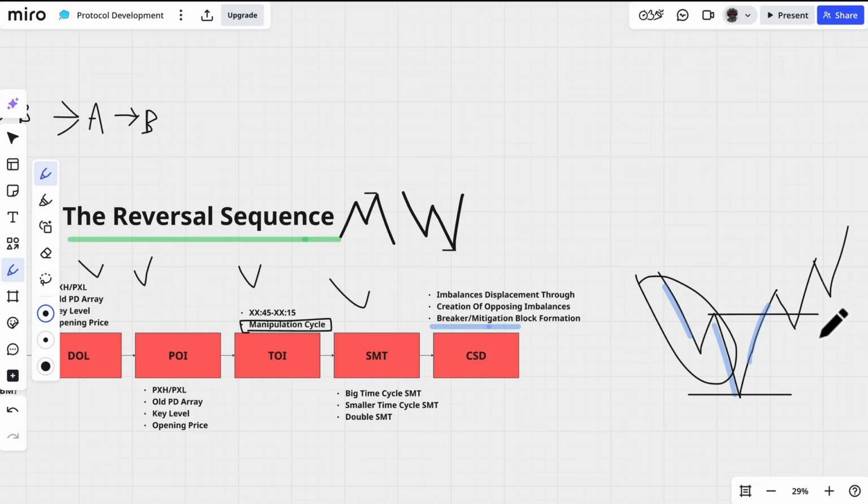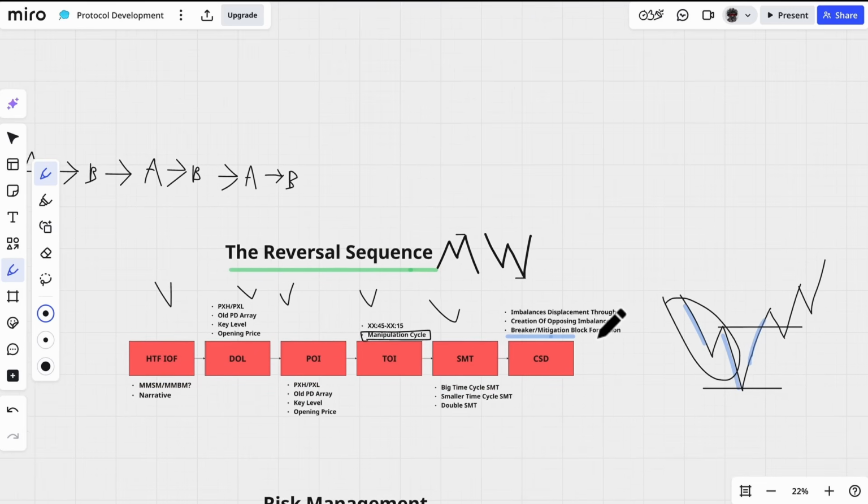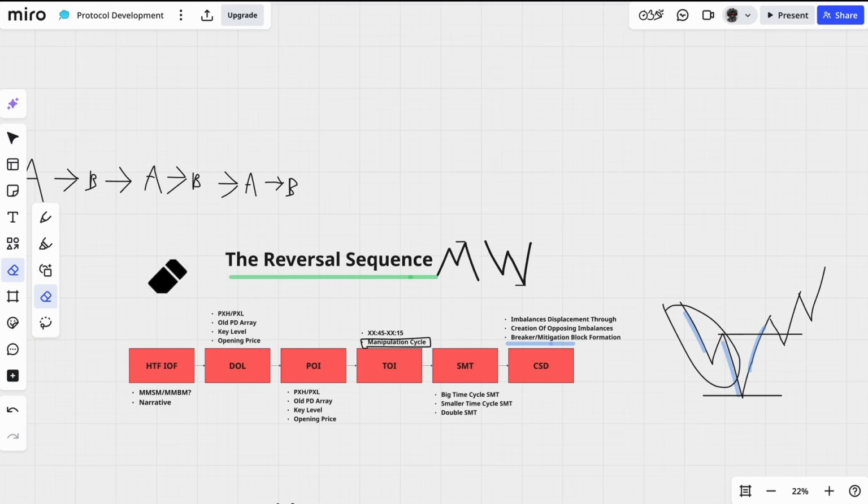Now, what's important to note is that in front of you, I've drawn up the reversal sequence with an example. And do you see how every single step is leading to the next step? That right there is the most important takeaway which I want you to have from this schematic, because this is literally the foundation of the protocol as I suggest you begin working with.